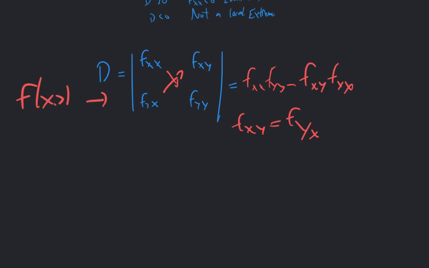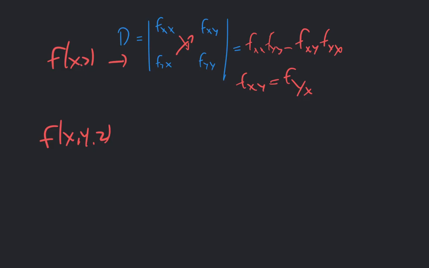If we have, say, f of x, y, z, our determinant becomes slightly more complicated. Now it's going to be a 3 by 3 matrix. So it's going to go fxx, fyy, fzz.